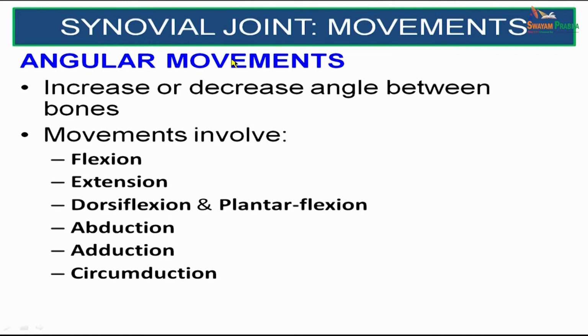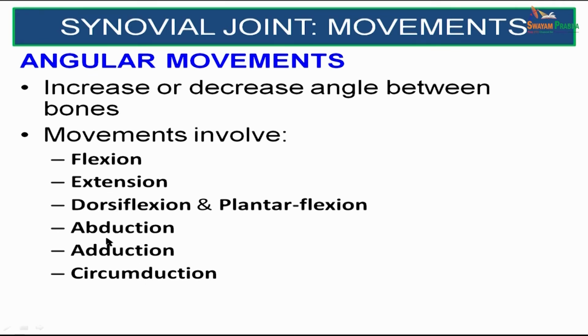Then angular movements. In angular movements, there is always an increase or decrease of angle between the concerned bones. Therefore, we may have the movements flexion, extension, dorsiflexion, plantar flexion, abduction, adduction, and circumduction.